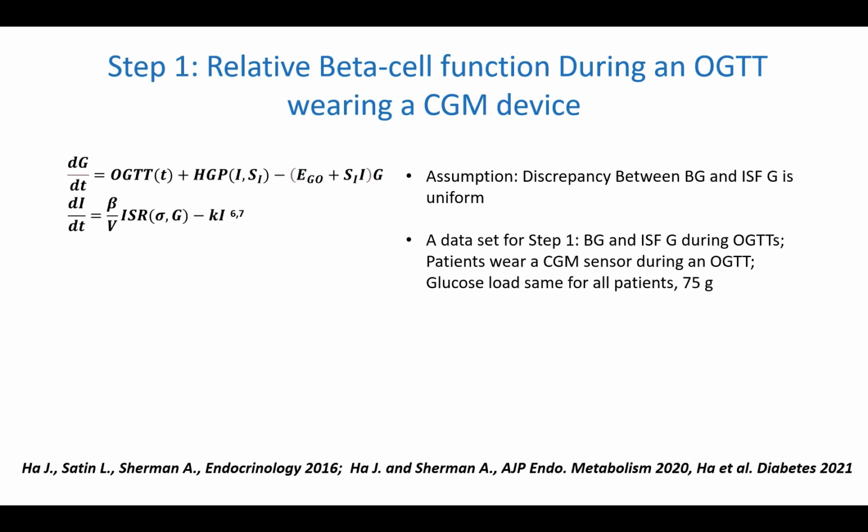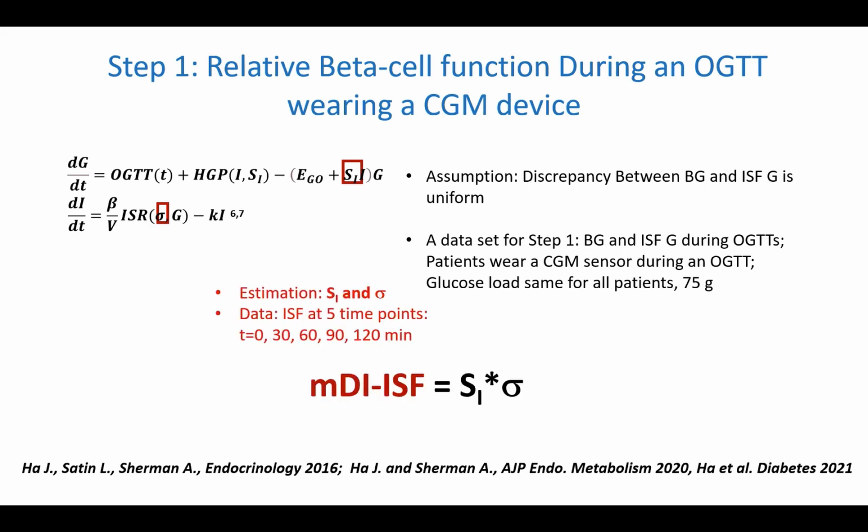In this case, we're going to estimate SI and sigma. The input data is ISF glucose at 5 data points: 0, 30, 60, 90, 120. We define MDI ISF as SI times sigma.